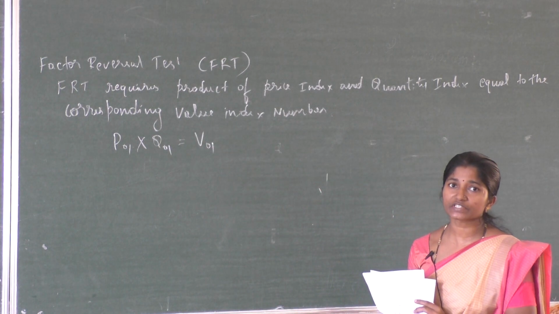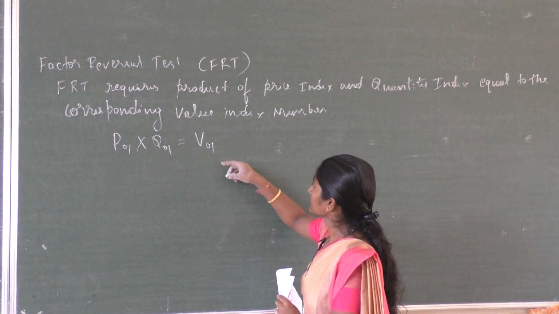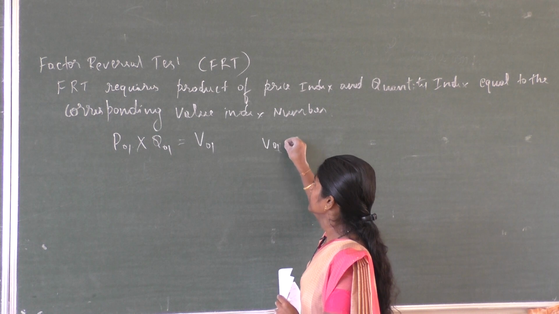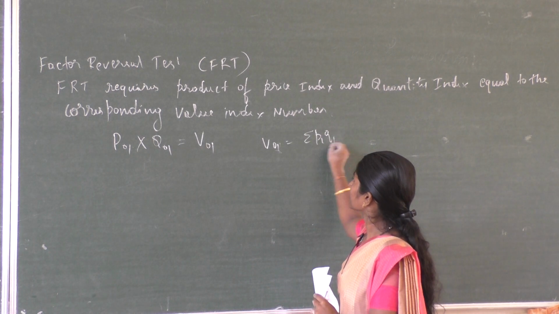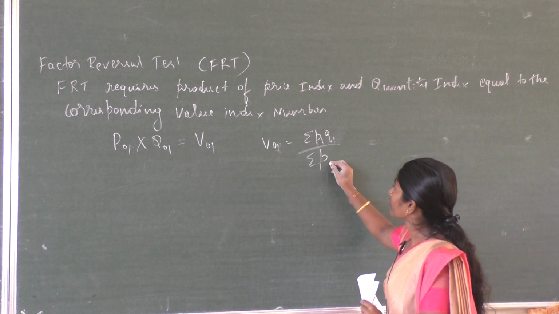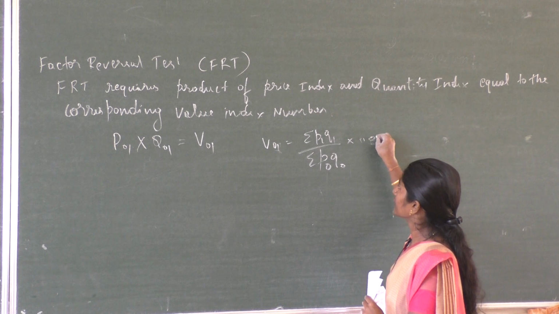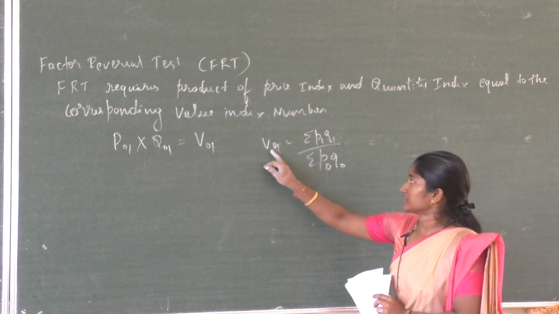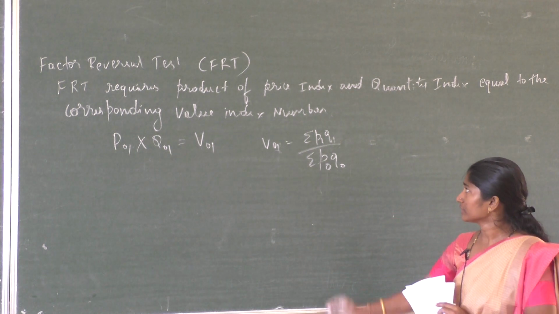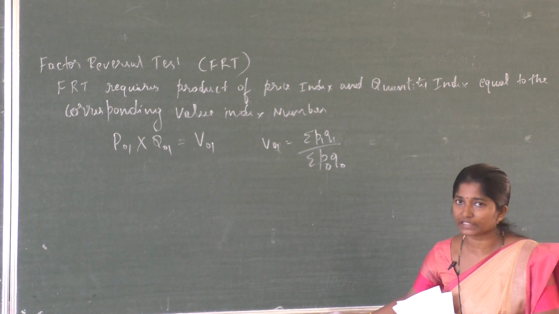In the first part we have solved some problems of the value index number. That formula is the total value of P1 Q1 divided by the sum of P0 Q0 into 100, but here there is no need of writing 100. This is our answer, V01. We have to get price into quantity and price into quantity like this way.